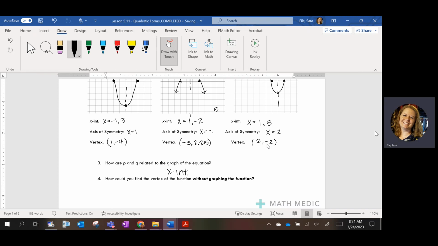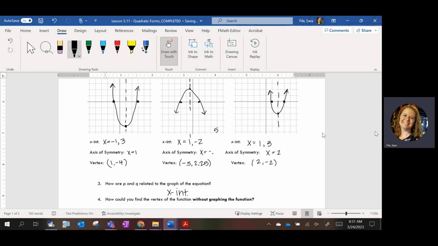How could you find the vertex without using the graphing calculator, without looking at the graph? Any ideas on where we could find the vertex? How does it compare to those x-intercepts we just found? Look at where the axis of symmetry is in comparison to your zeros, your solutions. Where is it always?